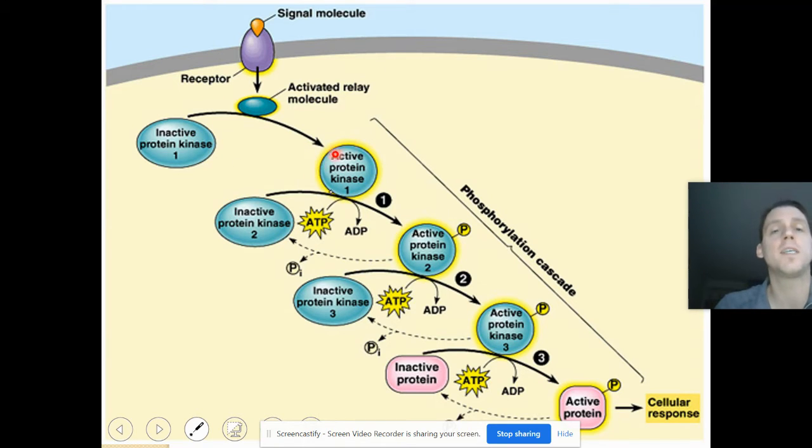This is a protein kinase, and as we know, a kinase is going to do something very specific. Think about what that is. A protein kinase is going to phosphorylate another thing, in this case, another protein. So this active protein kinase is going to meet up with yet another, our fourth protein already, another protein kinase.